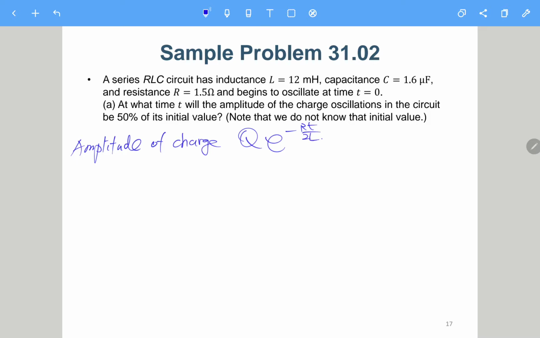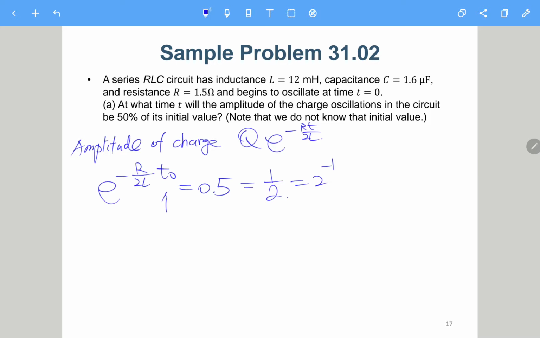When it is half of the initial value, exponential to negative R over 2L times T0 is 0.5. We want to find what is T0. This is nothing but 1 over 2, or 2 to the negative 1 power.